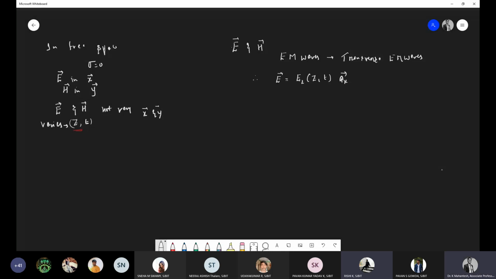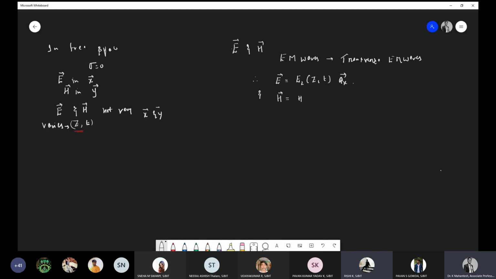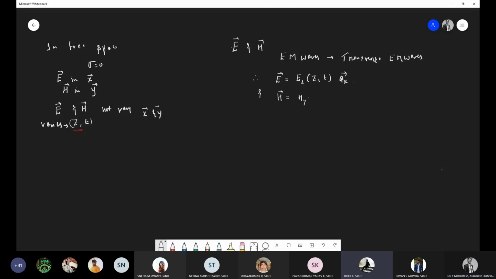Electric field is a function of Z and T in the direction ax, and similarly H, that is magnetic field, is a function of Z and T. Sorry, this is not Hx now, this is Hy of Z and T in the direction ay.